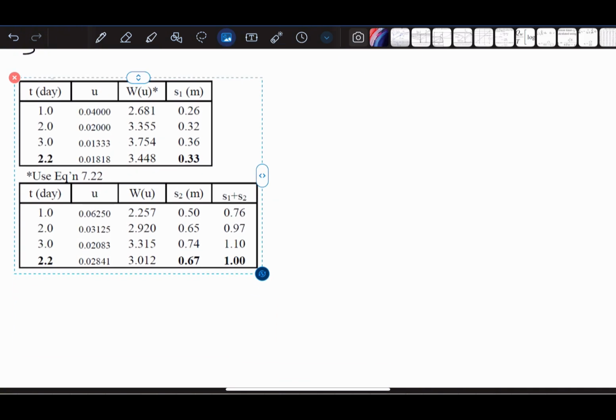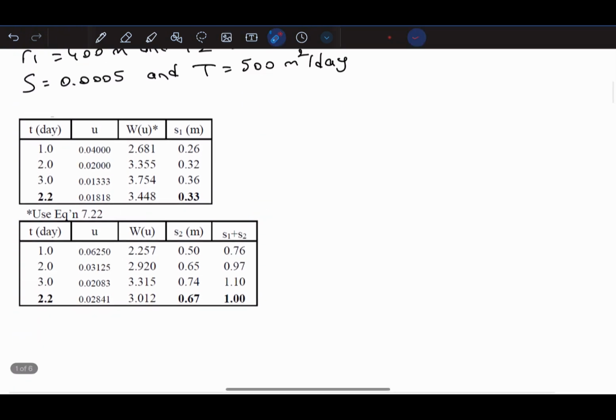Basically, we will try to find when the total drawdown is 1 meter. So we will try different days, like 1 day, 2 days, 3 days, and finally we will get this value. As I mentioned during the explanation of the question text, we need to find how many days or hours passed to get this total drawdown of 1 meter.